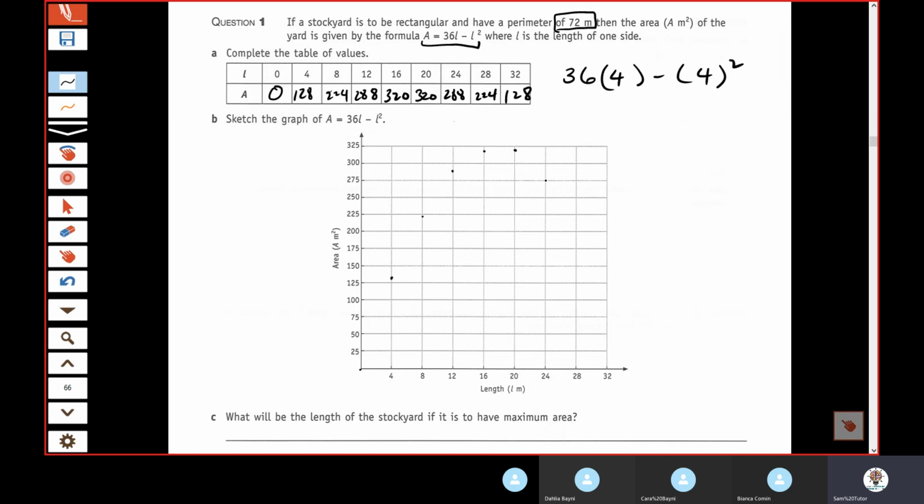And then 288, 224, and then last one is 128. So it looks something like this.